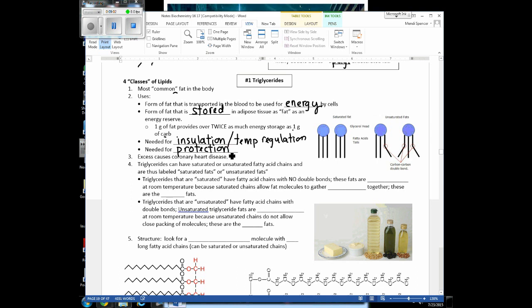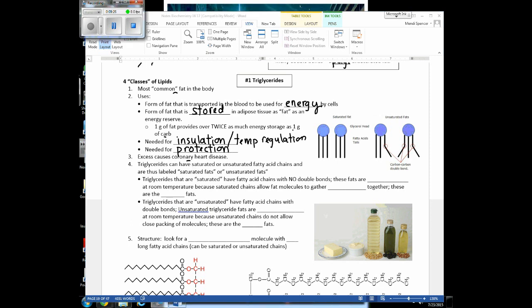It's actually providing a layer of protection around your internal organs. But there is too much of a good thing, and if you have excess triglycerides in your system, then lots of times you can suffer from coronary heart disease. And I'm going to show you some pictures in class of arteries that are clogged with fat. And this is what we mean by coronary heart disease.